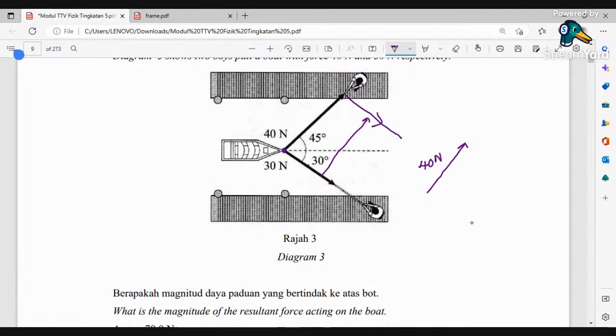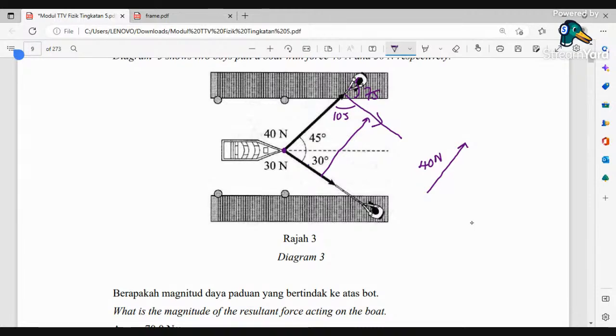I want to draw a triangle. So here is 45 degrees and 30 degrees, which means 75 degrees. If I shift it to here, this angle must be 75. So this angle is 105.